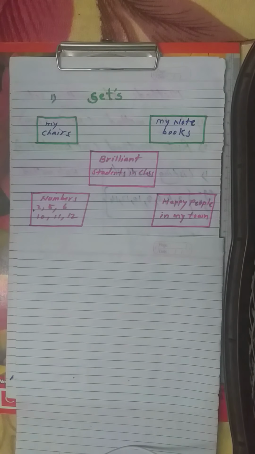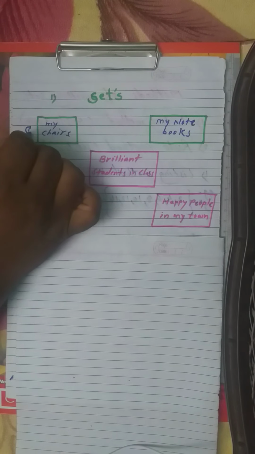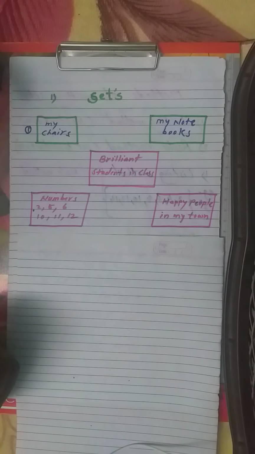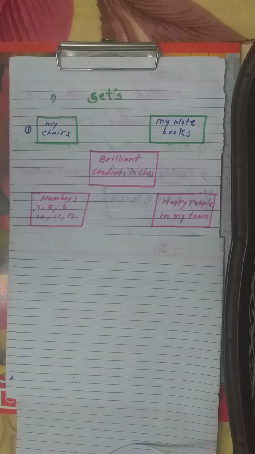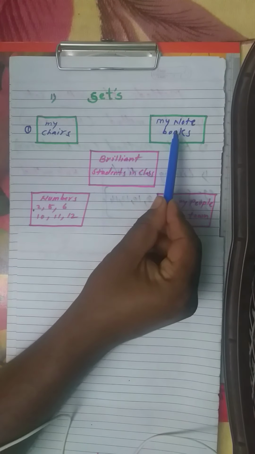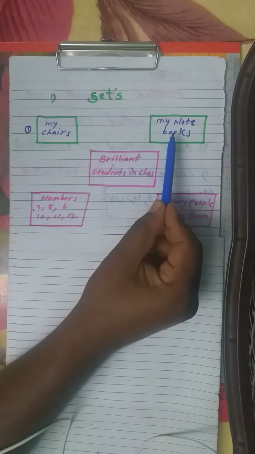The first example is chairs, a number of chairs. If chairs are in any quantity, we can call them a set of chairs. Similarly, we can say notebooks, a set of notebooks.